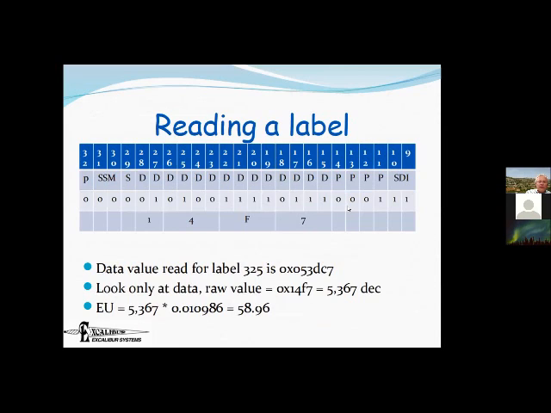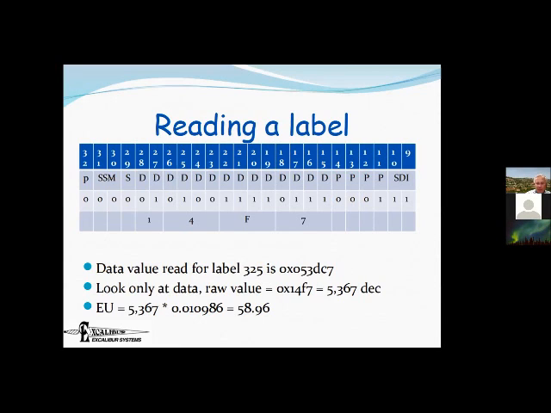Okay, so now here's another label. So what do I know about this label? I'm telling you that this came in as label 325, because in the picture on the top, I've only shown you bits 32 through 9, so I left out the label number. So take my word for it, it's label 325.